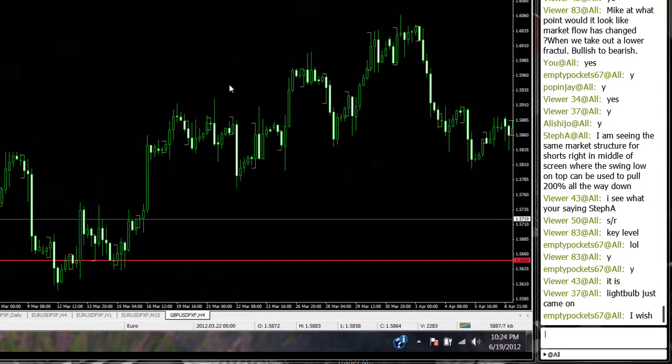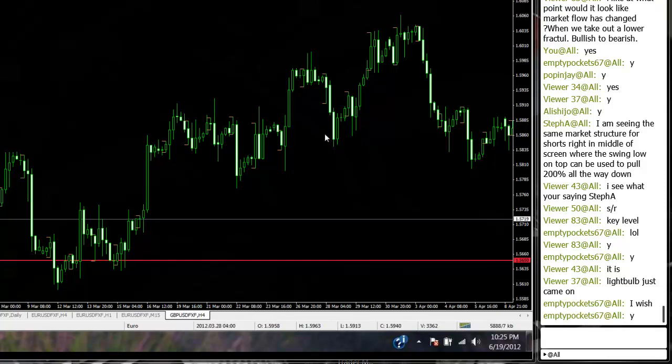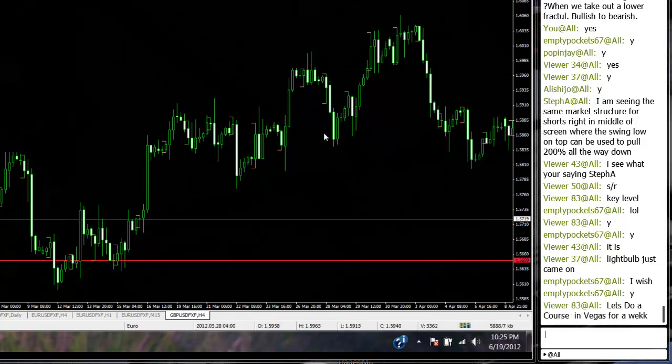Now, do you see this low here? When price comes all the way down and blows out this low, after we hit a higher time frame price swing like this, and we went up to 200 as we did here, and it breaks this low, market structure has now effectively been broken.